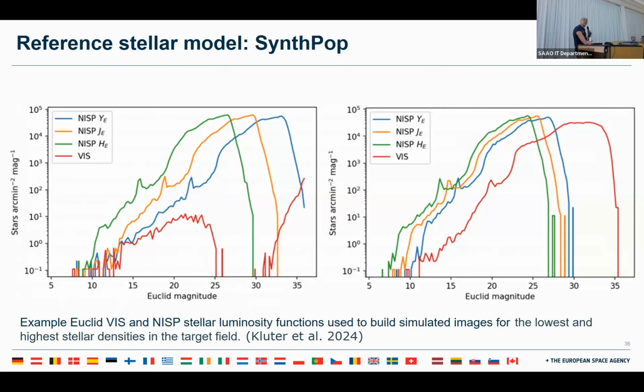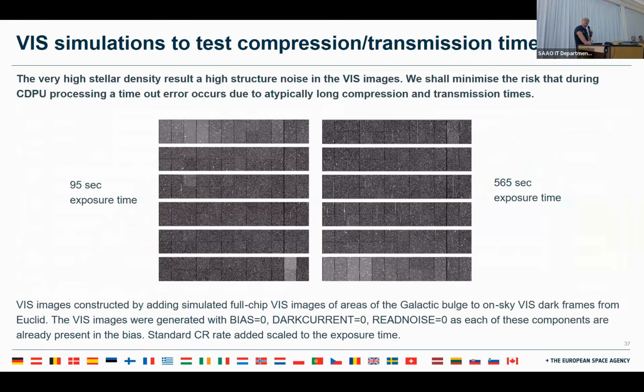We did tests of these aspects using a simple data model for dense and sparser fields in the Galactic Bulge. All this work was coordinated by Eamonn and the exoplanet science working group.